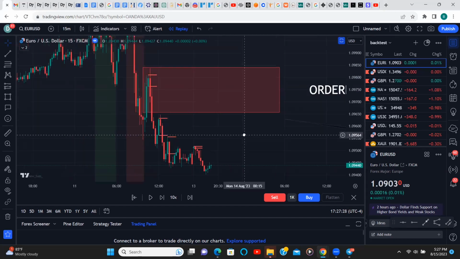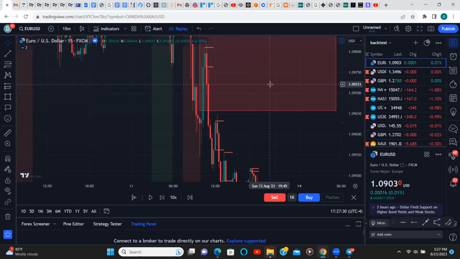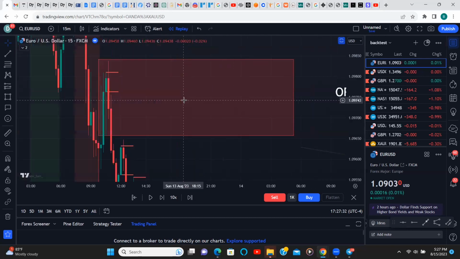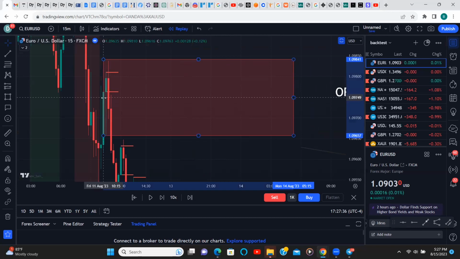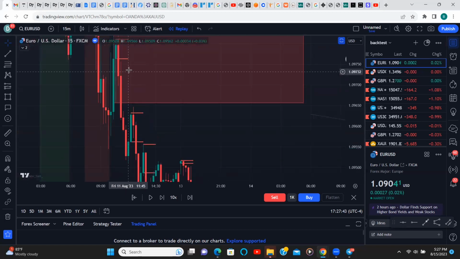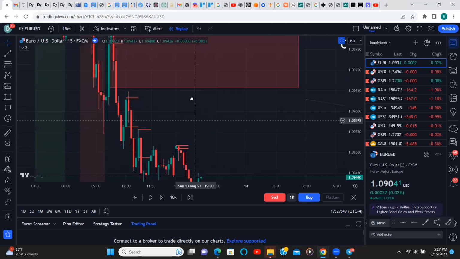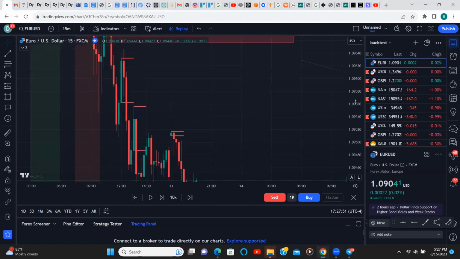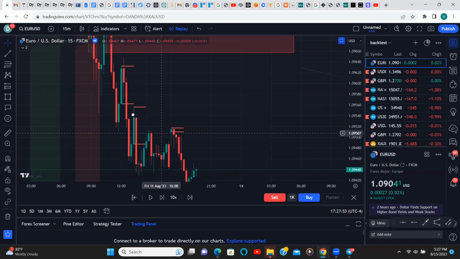So as we see, what I have boxed up right here is a supply candle followed by a what? Bearish candle. We have this nice bullish candle followed by this bearish candle right here. As we see, price breaks structure. So what do we have now? We have a nice order block, right? And we also have a series of order blocks down here as well.